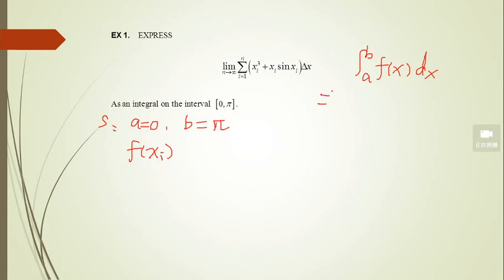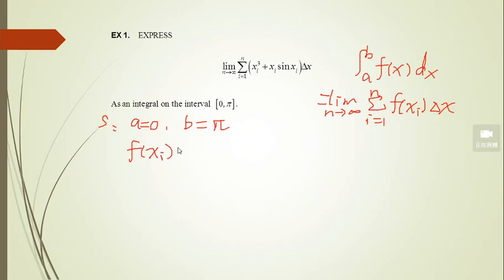This definite integral equals the limit as n goes to infinity of the sum, with index i from 1 to n, of f(xi), which means we choose the right-hand point, times delta x. I just repeat those notations again and again, trying to take some notes and get familiar with the definite integral and the sum notation. So comparing with our general formula, it should be f(xi) times delta x.